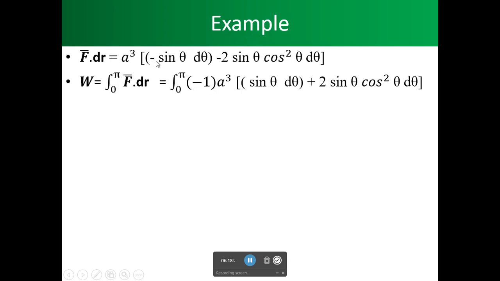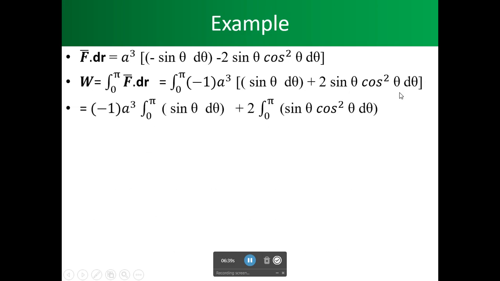And so the first thing we could do is pull out a minus 1. We can pull those out. We already pulled out the a cubed. So now we have sine theta d theta plus 2 sine theta cosine squared theta d theta, from 0 to pi.